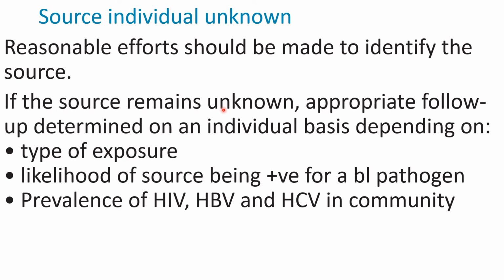If the source remains unknown, appropriate follow-up is determined on an individual basis depending on type of exposure, likelihood of source being positive for a blood pathogen, and prevalence of HIV, HBV, and HCV in the community.